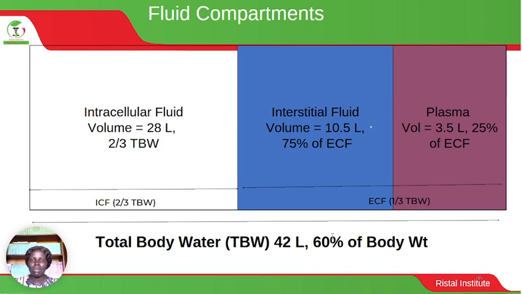Then we have the plasma. The volume is 3.5 liters and it makes up 25% of extracellular fluid. So this one is clearly stated. As we talked about before, within the extracellular fluid compartment, we have two subcompartments: the interstitial fluid and the plasma, and right there they are well shown.